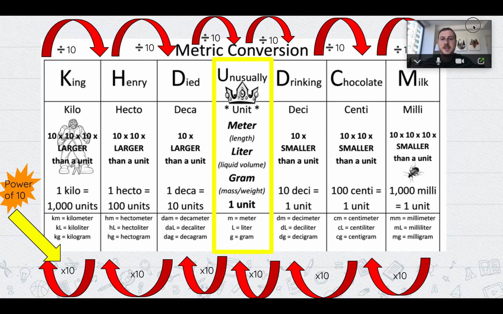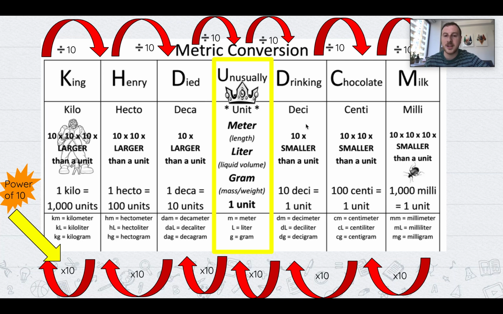Take a look here. This is the metric conversion chart that you might be familiar with because it's what we've been working with. Here I've put a highlight on the basic unit. If you want to move to the right, then you just divide by 10 because you're going 1 unit smaller. If you want to move to the left of the basic unit, then you multiply by 10 because you're getting 1 power of 10, 1 unit larger.